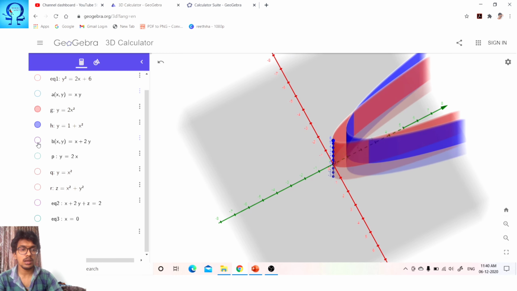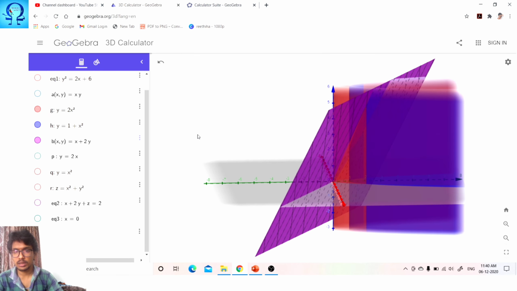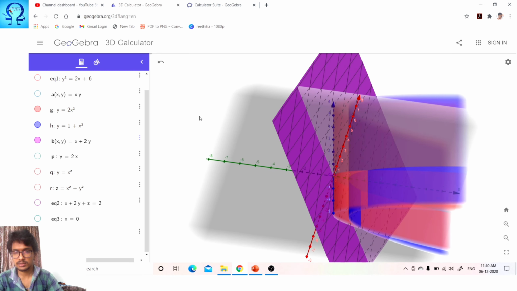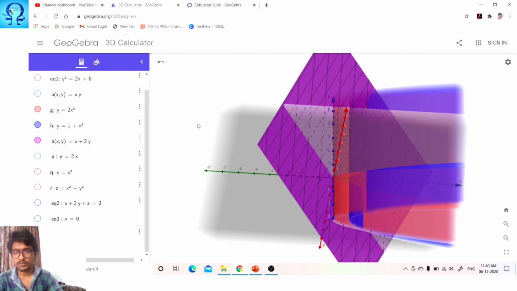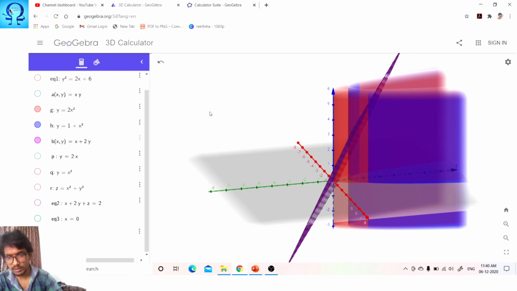Okay, this region is the common region over which we'll have to integrate x plus 2y. So here, if you just try to rotate it and see, you may see some region. Actually here you can find that region. Okay, in here you have the common region.